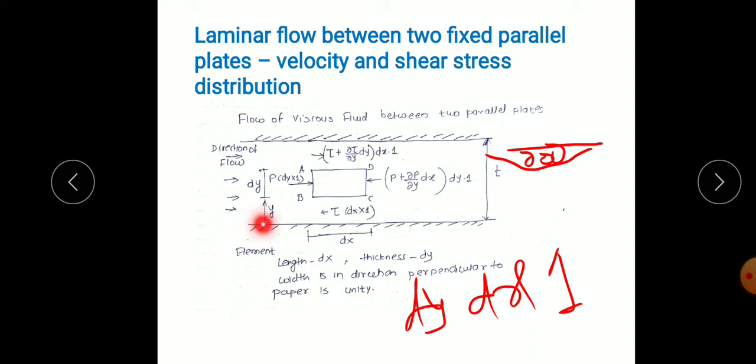Similarly, because of viscosity, shear stress acts on the fluid as tau into area dx into 1, acting opposite to the flow.